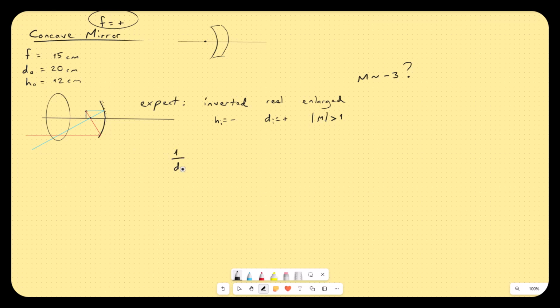1 over D object plus 1 over D image equals 1 over F. 1 over D image equals 1 over F minus 1 over DO. Let's plug in some numbers.